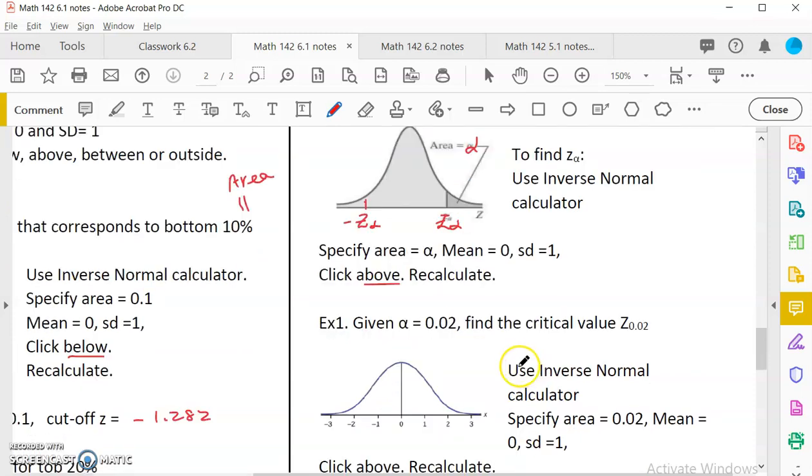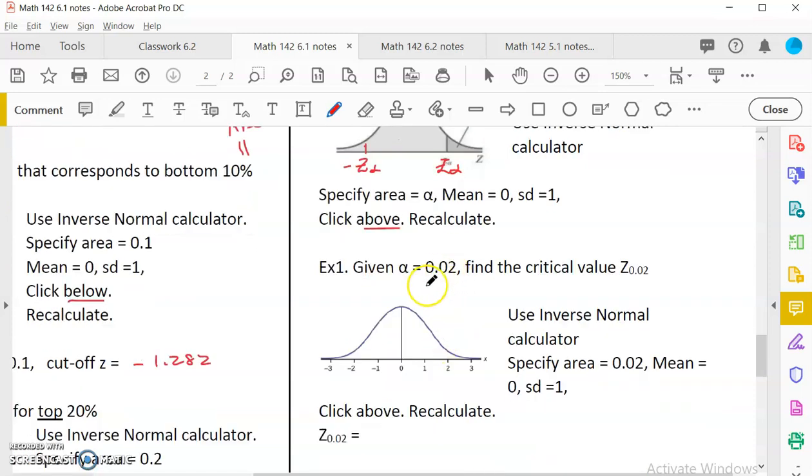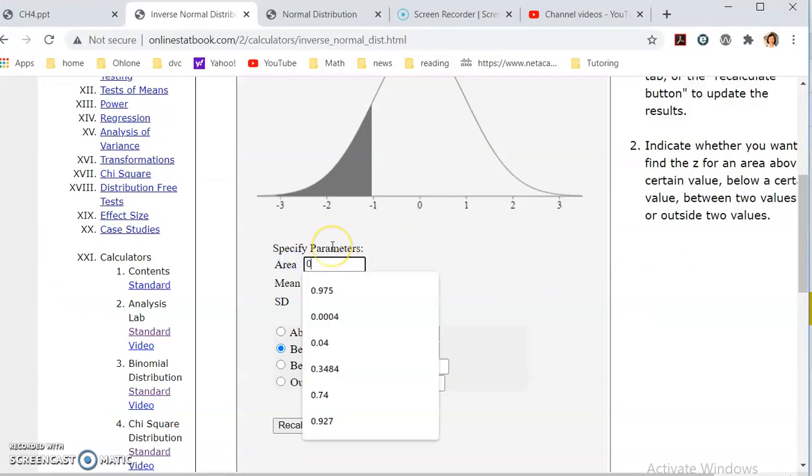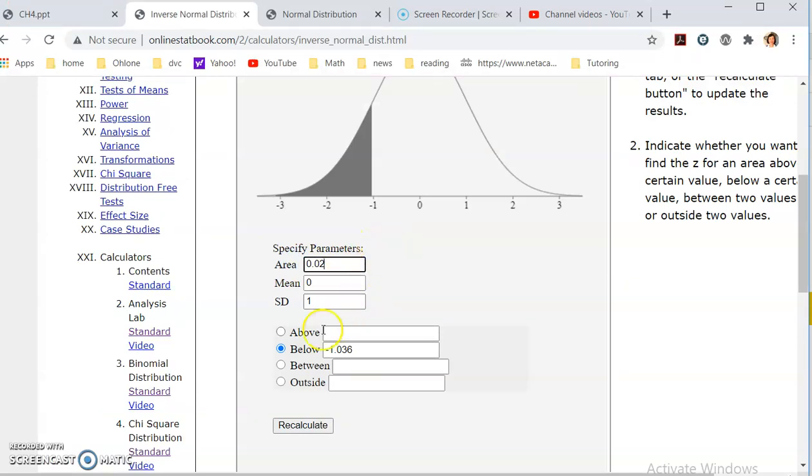Okay, so first example: if I assume alpha is not 0.05 anymore, but 0.02, what is the critical value? So we can do 0.02. The area is always above because it's always on the high side, the right tail. So it's 2.054.